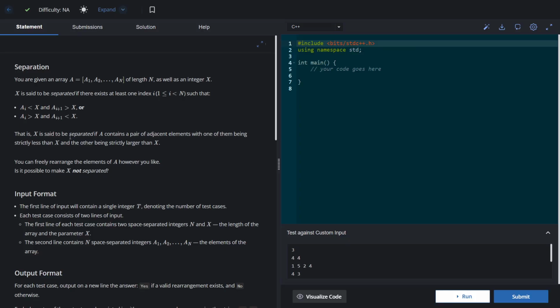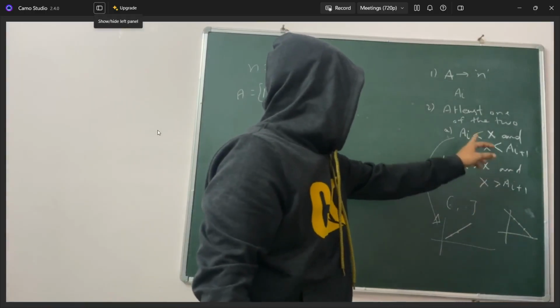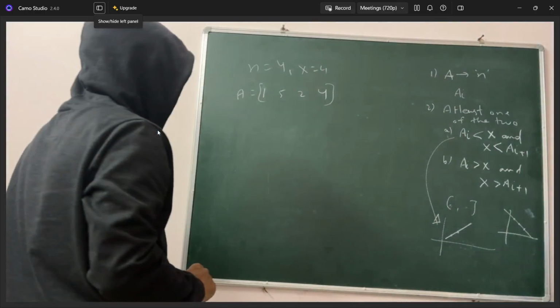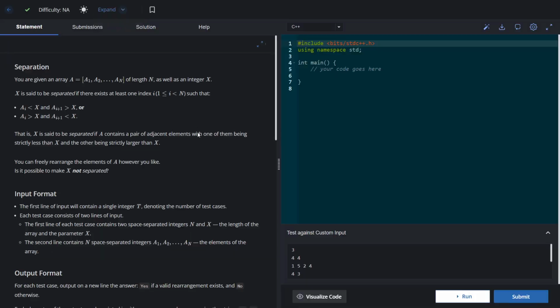If this condition is satisfied, then it is separated, or else it is not separated. And in the question they have asked, is it possible to make it not separated?